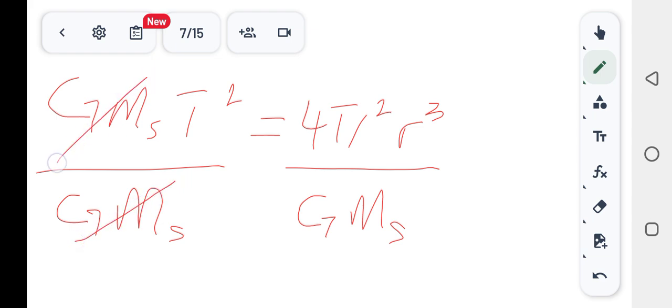This cancels this, and there is nothing to be cancelled out on the right-hand side of the equation.